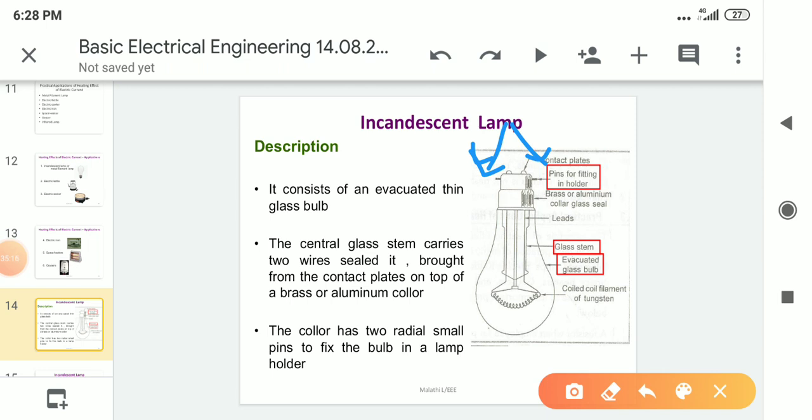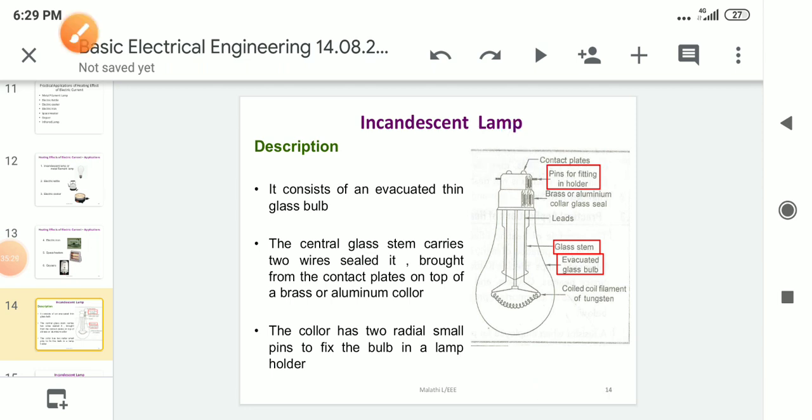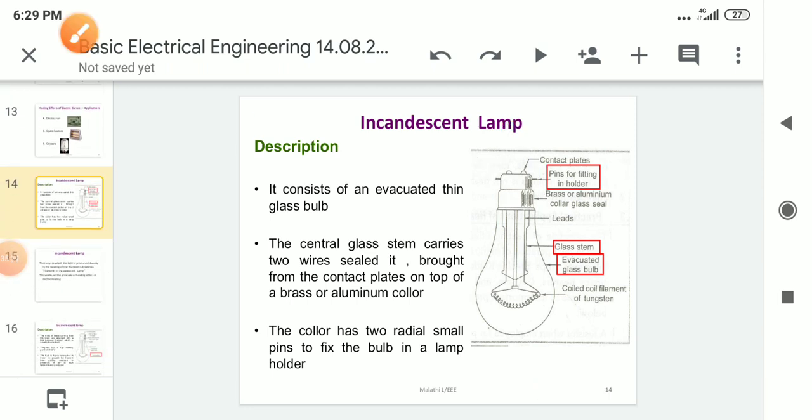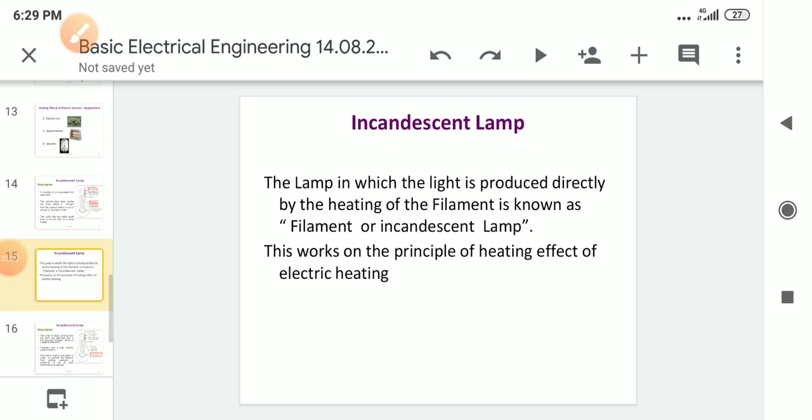In our homes we have this type of pin, all those things. Let's see a bulb, then you will get a very good idea about this. Then what is our incandescent lamp? This is a lamp in which the light is produced directly by the heating of the filament, and is known as a filament or incandescent lamp.